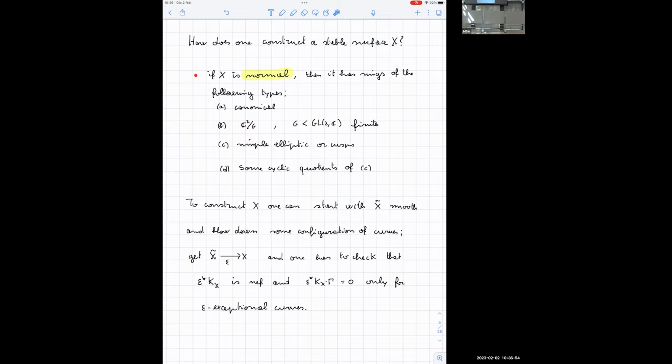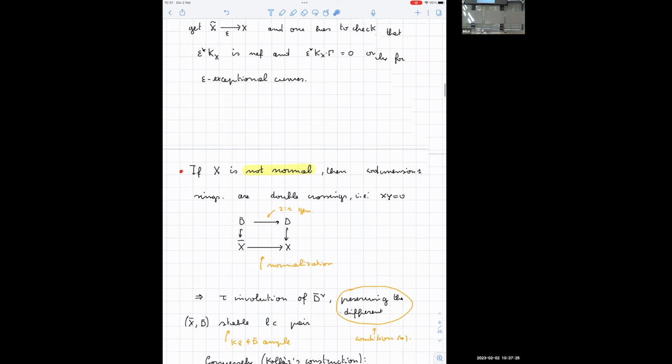And then you need to check that K_X is ample. And to do this, you just look at the pullback and you have to check that the only curves that have zero intersection with the pullback of the canonical class are the exceptional curves. And I'll give you an instance of this contraction later.